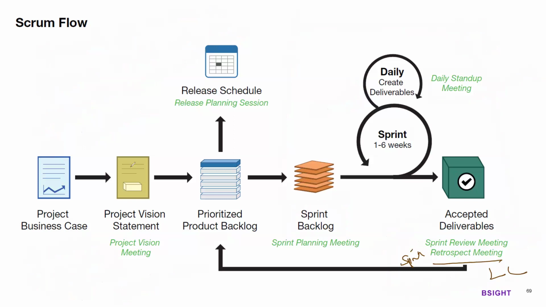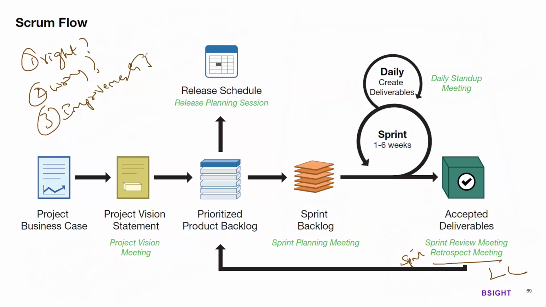There will be 3 agenda items: 1, what went right in the sprint? 2, what went wrong in the sprint? 3, what improvements we can make for the future sprints.